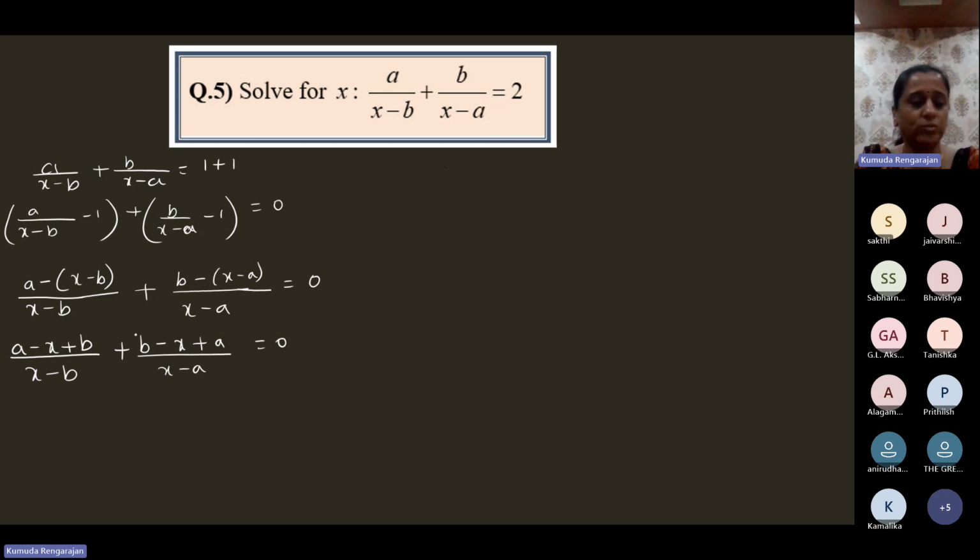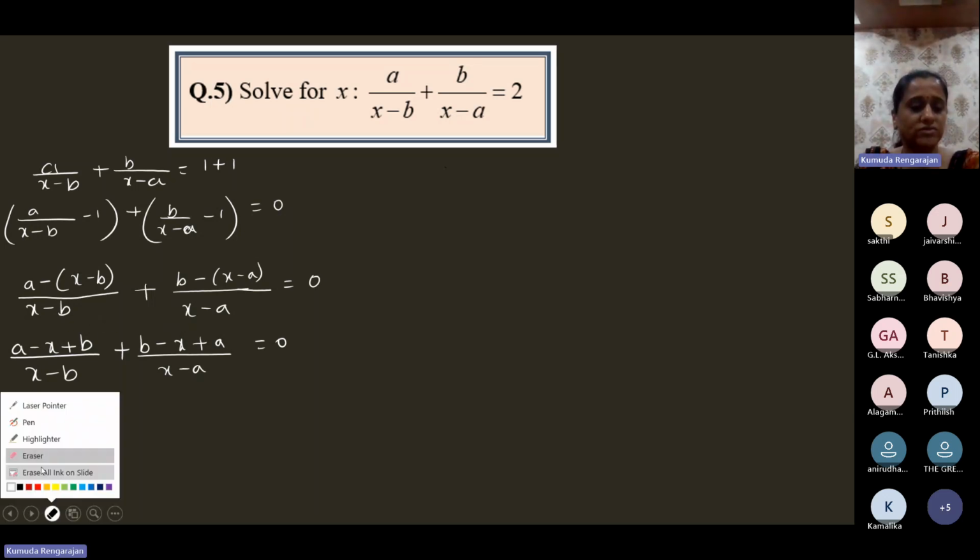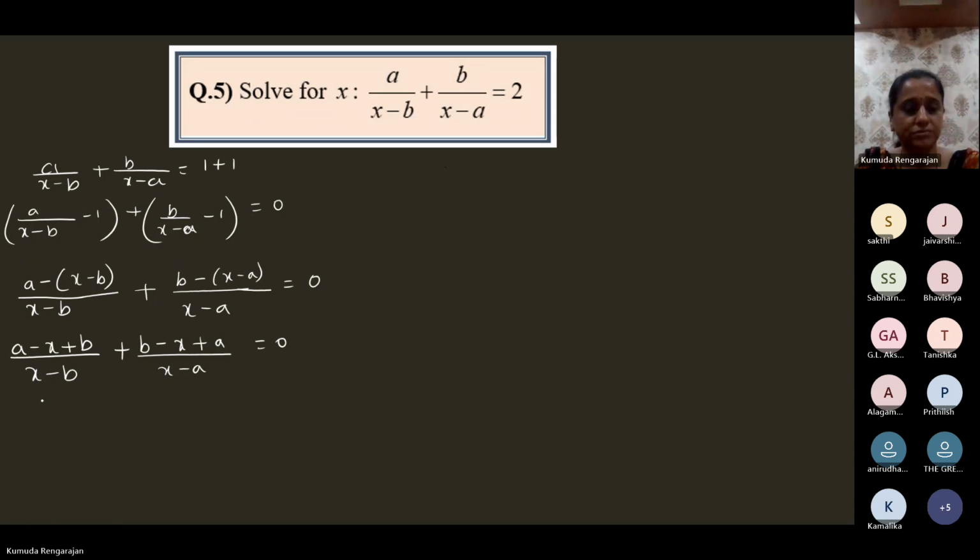Now you see the numerator here and here, we have the same terms: a plus b minus x. That's common. We'll just rearrange. So a plus b minus x by x minus b plus a plus b minus x by x minus a is equal to 0.